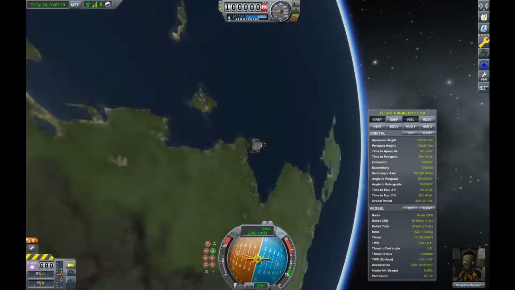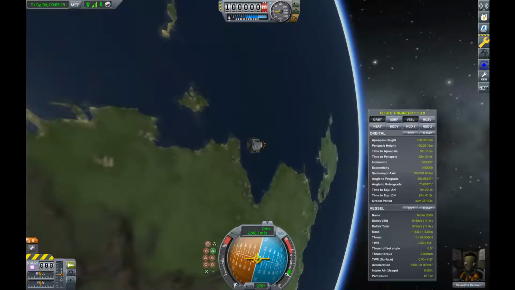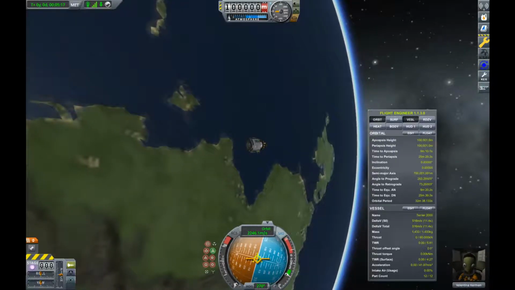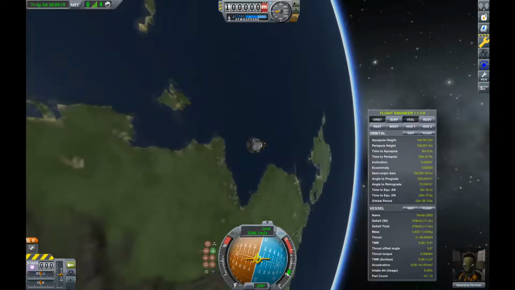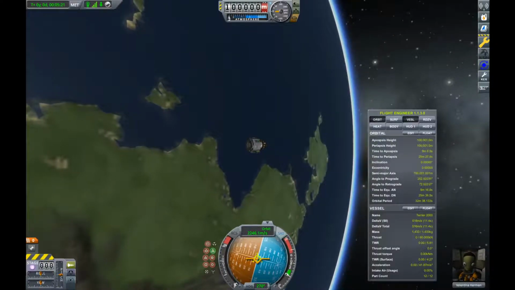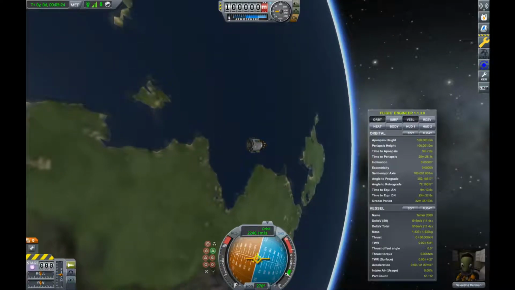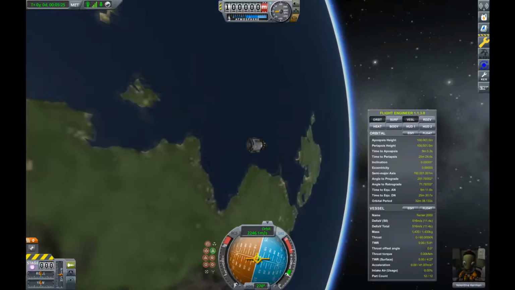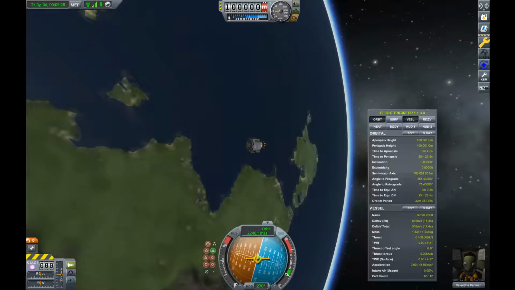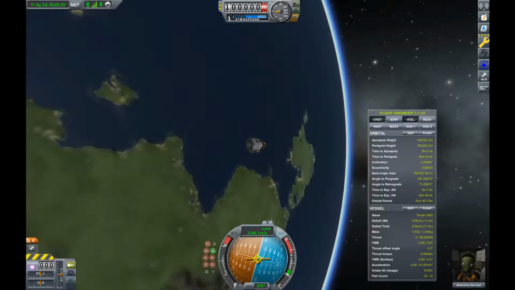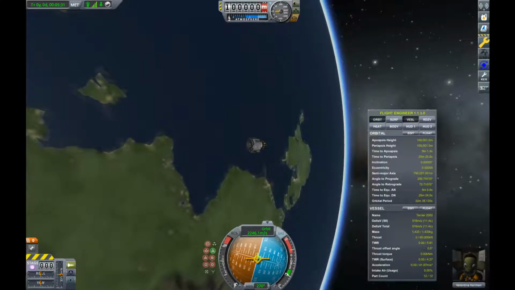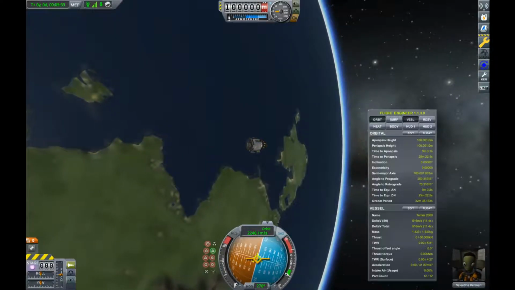Right now we're traveling at 2,246.1 meters per second, and this time, since we're burning retrograde, we should be looking for a resulting velocity of 1,730.